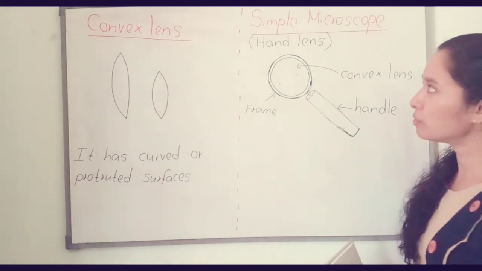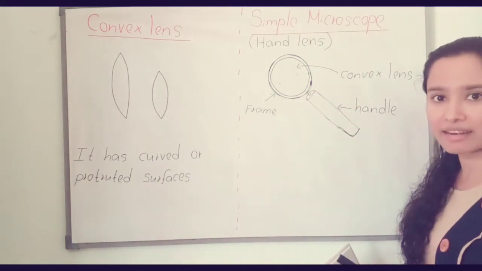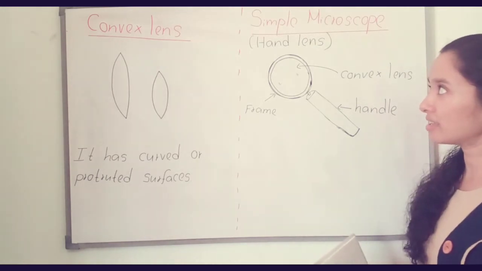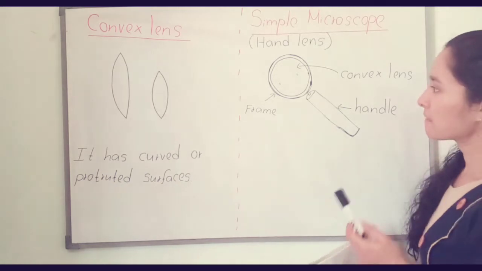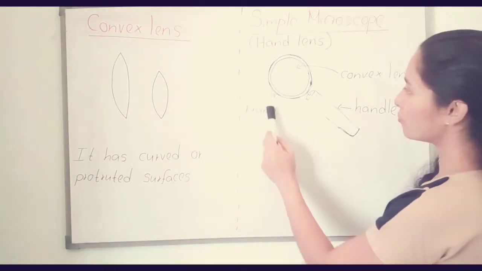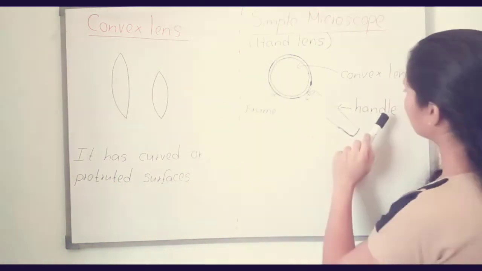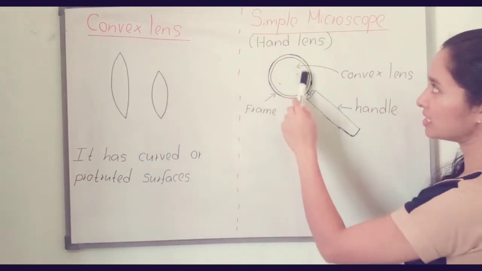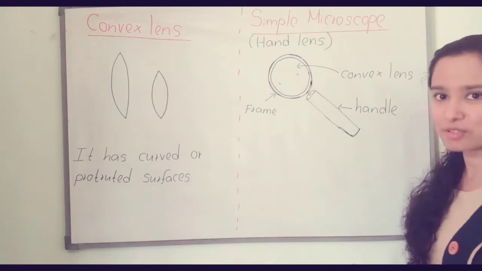I think you have heard about this one. A hand lens and simple microscope. We mostly say hand lens. When we fix a frame and a handle to a convex lens, we call it a simple microscope.